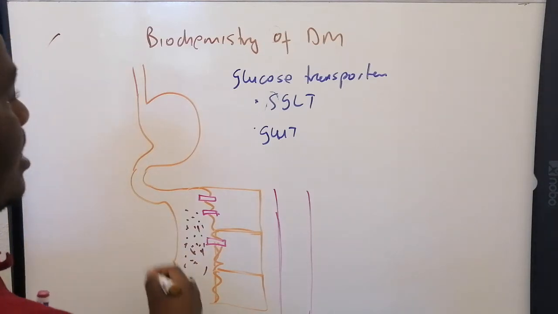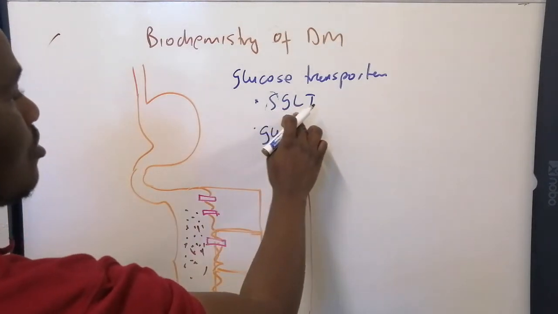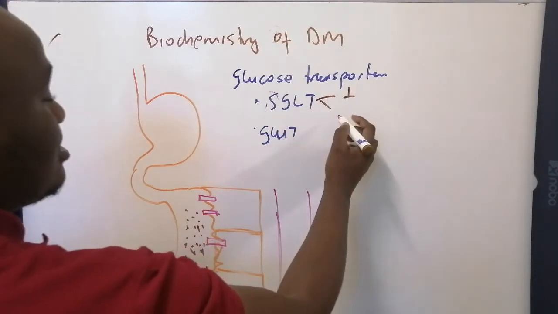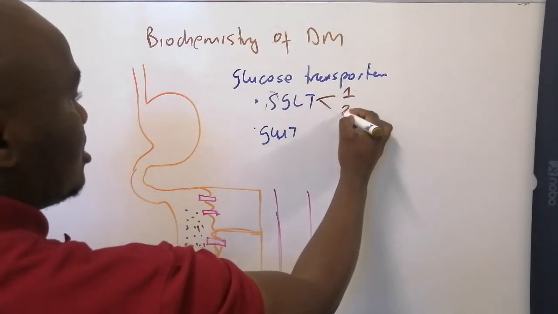As I explained in part 1, the sodium glucose transporter has two isoforms: SGLT1 and SGLT2.